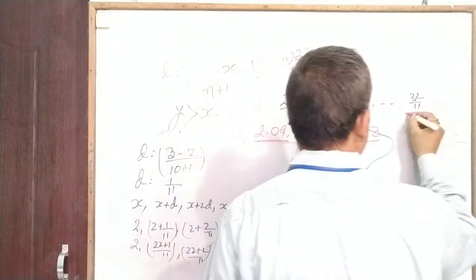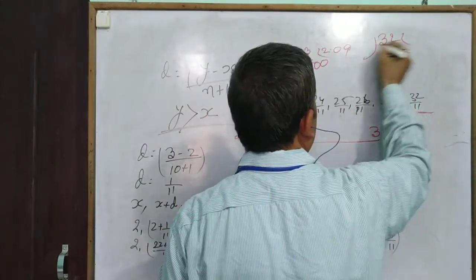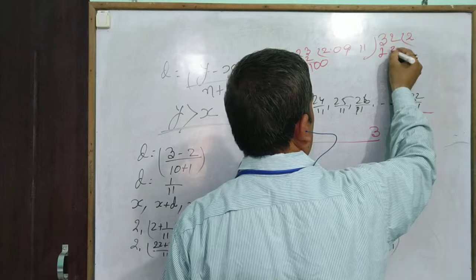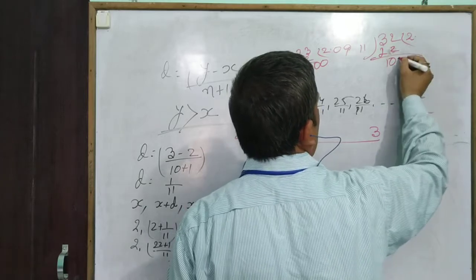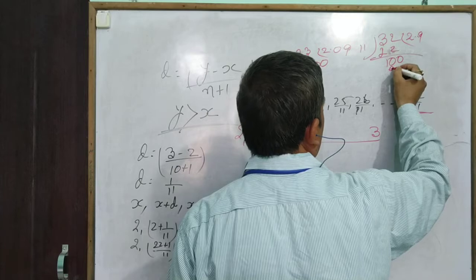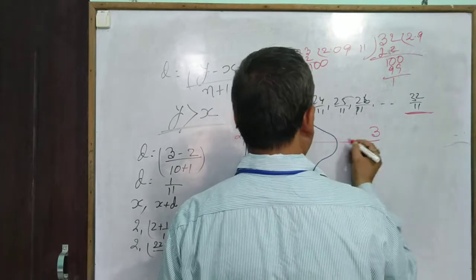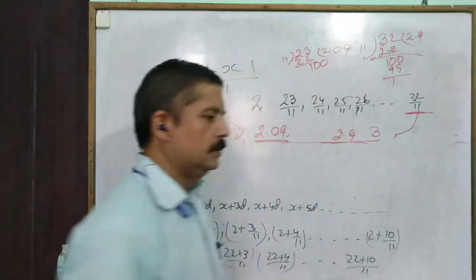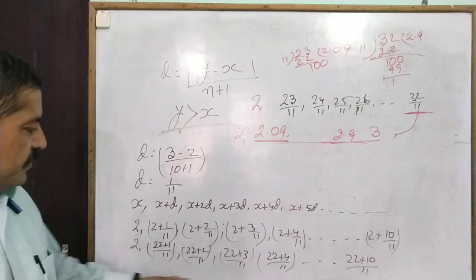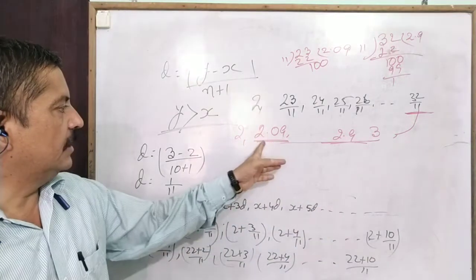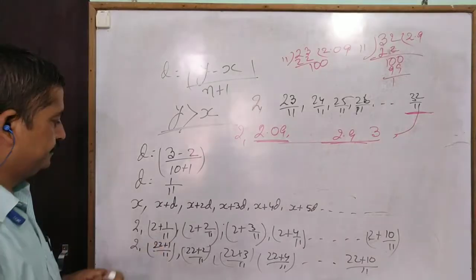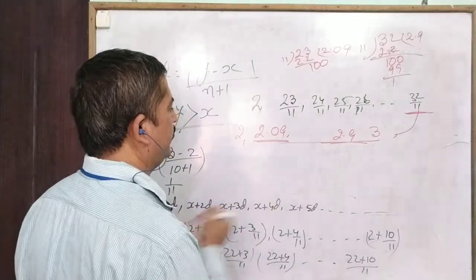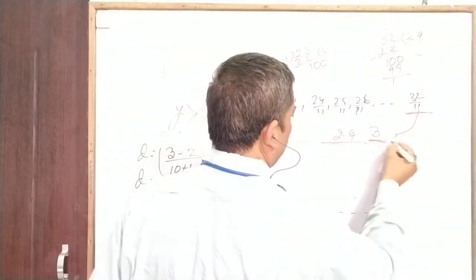Again, you just check the last one, 32 divided by 11. That value is 2.9 only. So all the values x plus d, x plus 2d, x plus 3d also lie between 2 and 3 only.